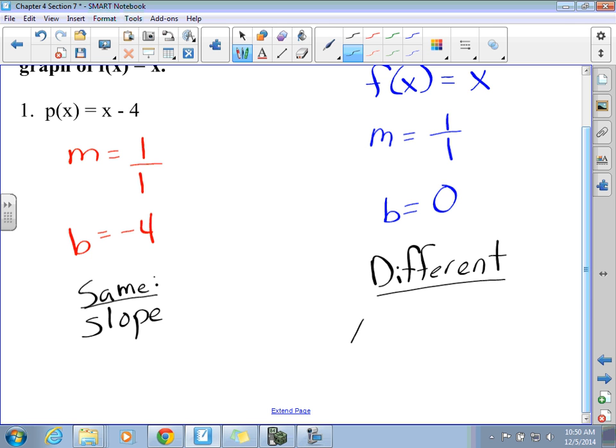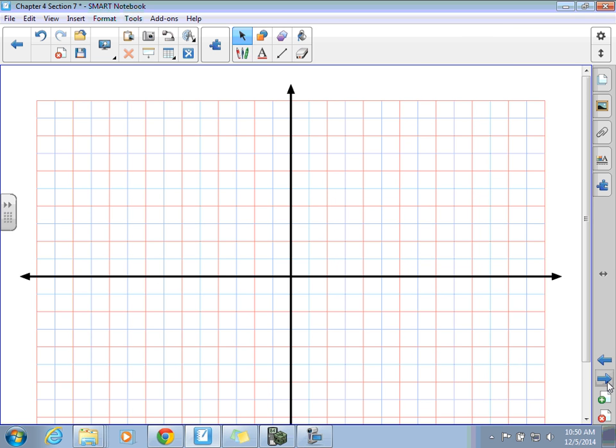And I have 0, 0, up 1 over 1. This is the parent. Now, when you do these on your homework, every single time you graph these, you have to have two lines. One of the lines is going to be the parent. The other one's going to be the kid. You got to put both of them down. Otherwise, how can you compare them? It'd be difficult to compare. Okay. So make sure you have two lines.